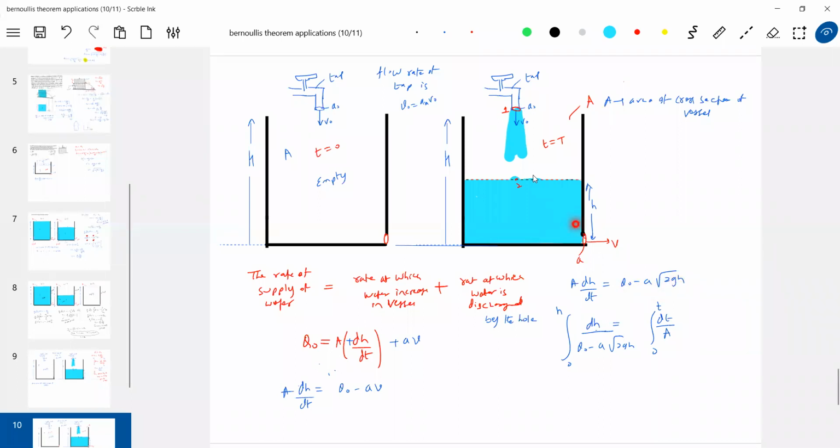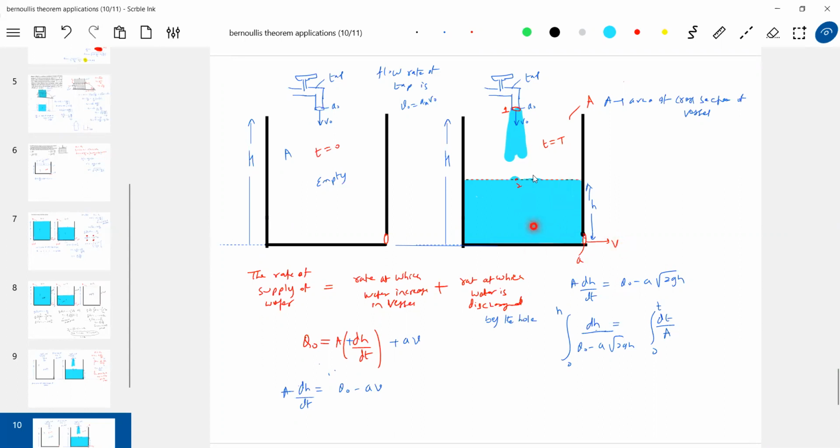In some situations, as the liquid falls from the tap, if this hole is very big, then all the liquid that comes out will get discharged. That happens when the hole area is very much greater. No question of liquid rising up. The liquid comes here and will fall. That is of no use.